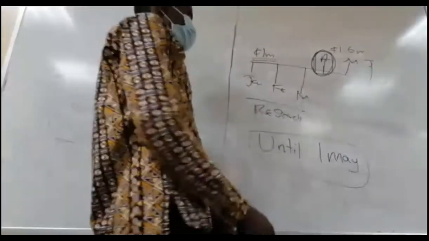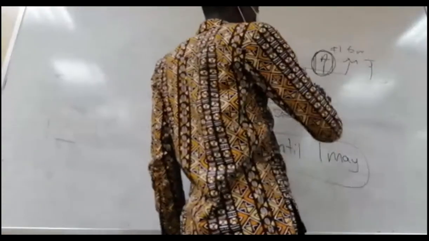So it means that if I should end here and calculate the research cost, I tell the examiner that the research cost will be like this.